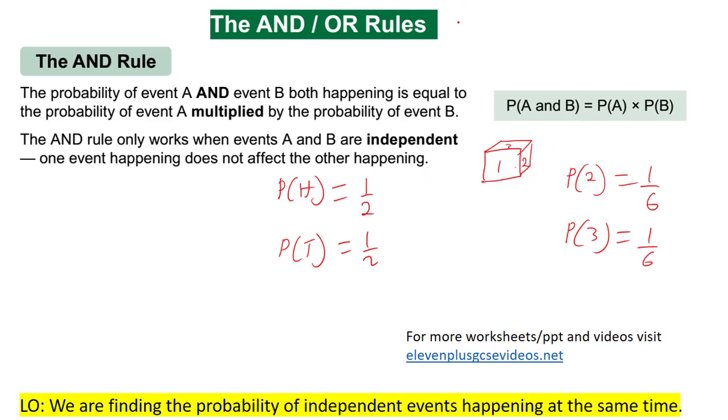So we are finding the chance that the coin is going to land on a head and the die is going to land on a 2. I can write it like that, H2, which means H and 2. Now what you need to do is to times the probabilities separately.